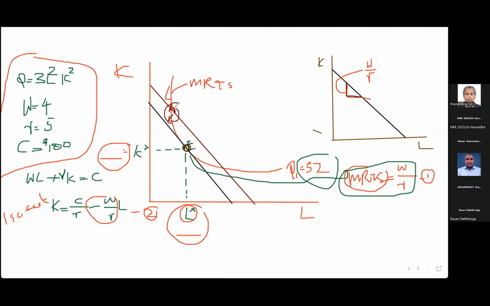I will show you how to get this. Like in consumer theory, we discussed the Lagrangian approach. This is the direct method, like we did in consumer theory. First order condition, MRTS equals W over R. The second sufficient condition has to be the second equation, WL plus RK equals C, that's the isocost curve.